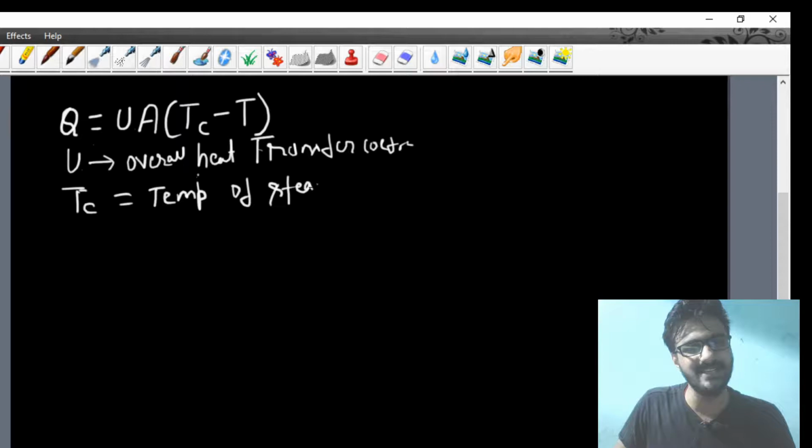I think up to this you all have it clear now. What is the sign? A is heat transfer area.